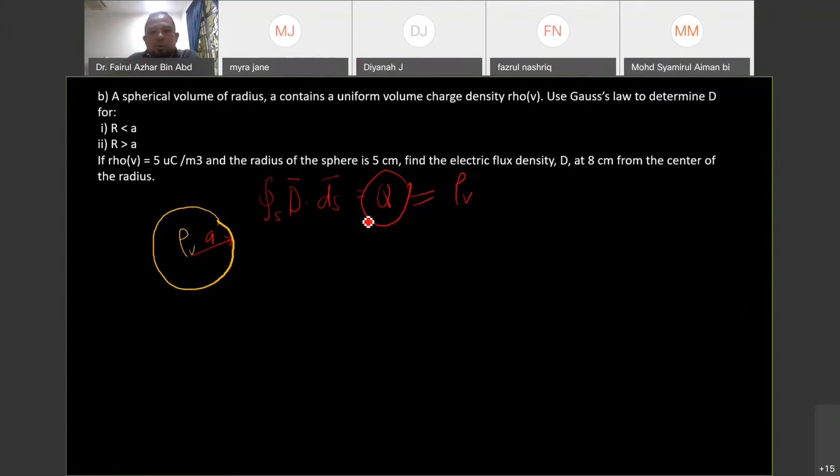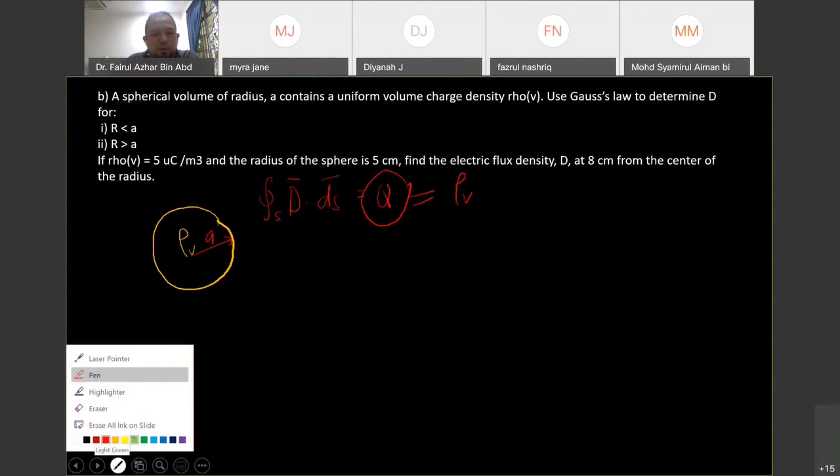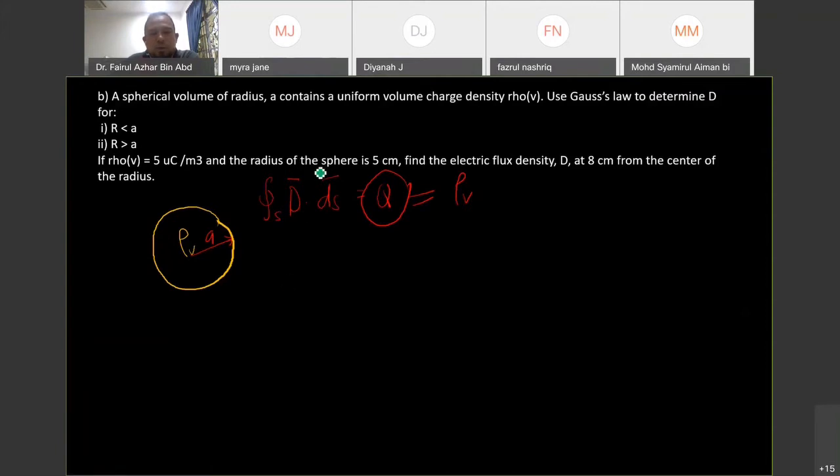Before we can solve this, let's assume our general expression for the vector D is in terms of r cap, D r. Whenever we have a spherical shape of charge, the direction of the field will be in the r cap direction.